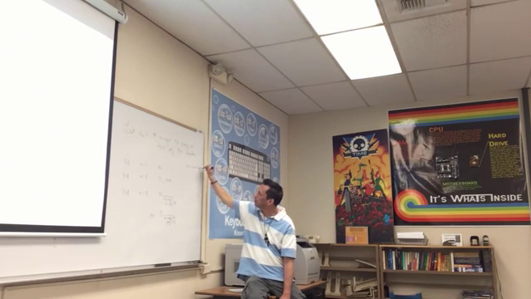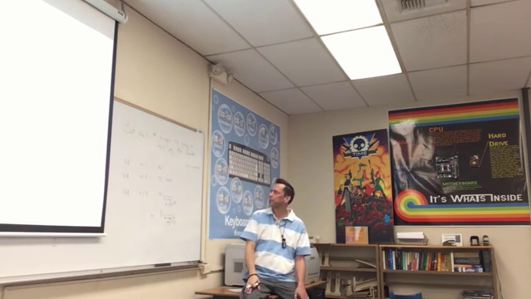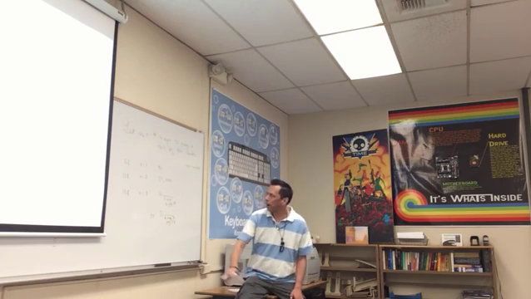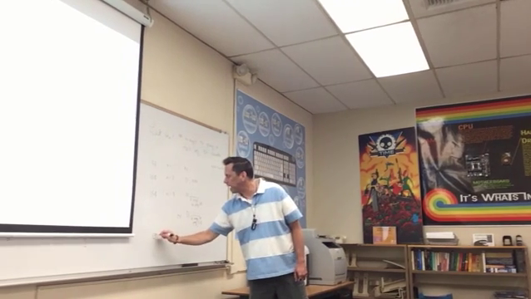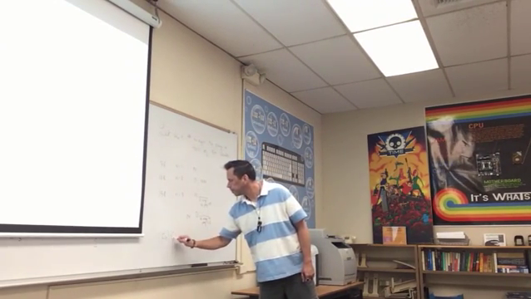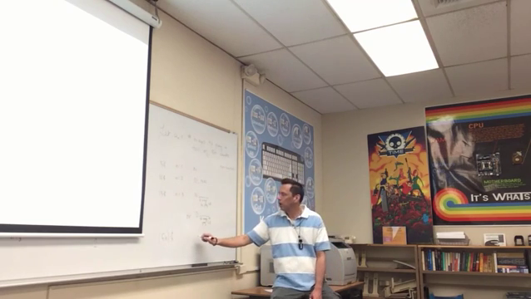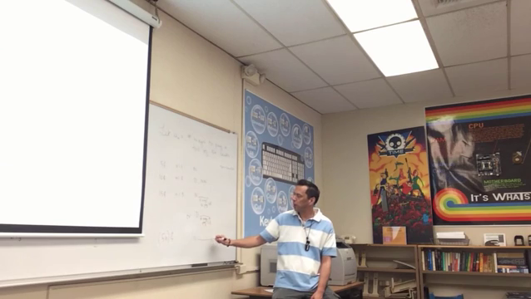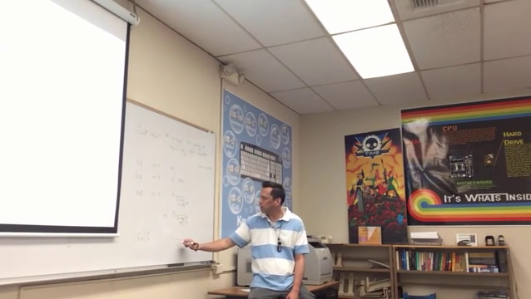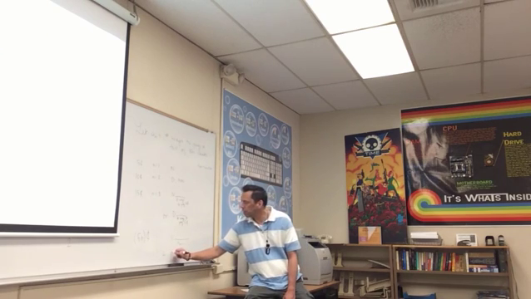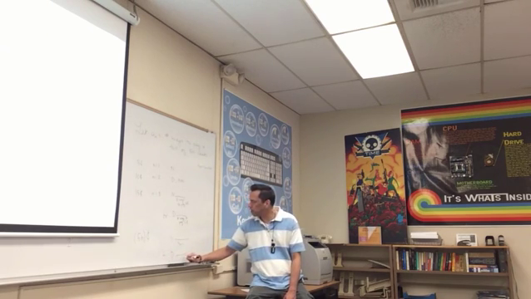So if we're trying to pay 5n cents, we could either start with a nickel, and then the number of ways to pay the rest of the toll is A sub n minus 1, or we can start with a dime, and then the number of ways is A sub n minus 2.